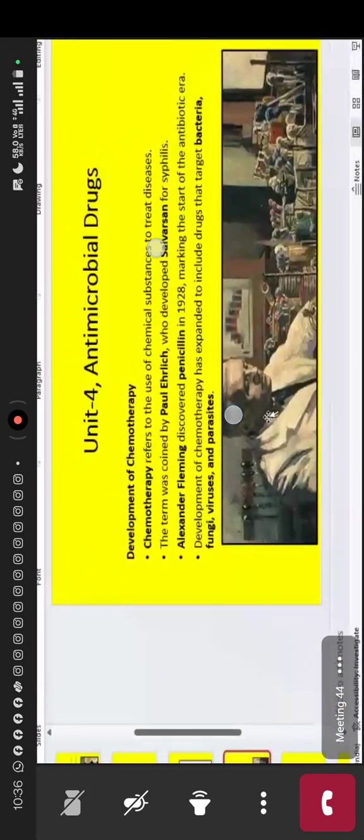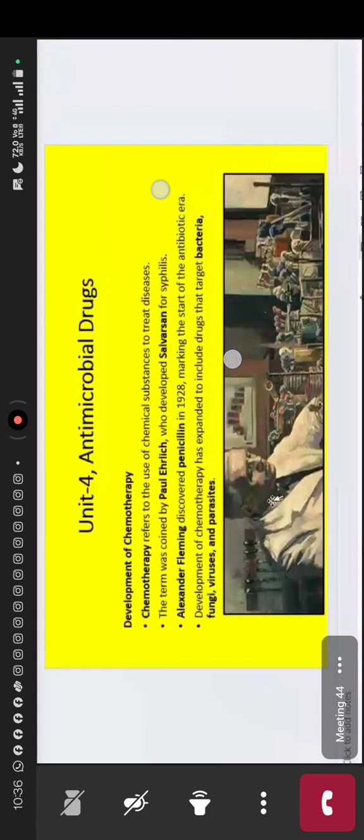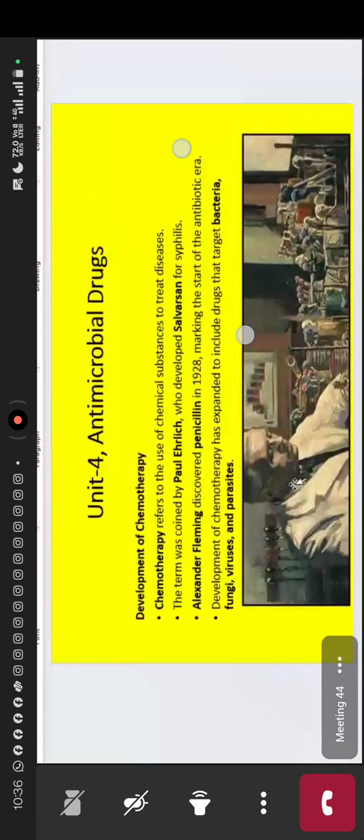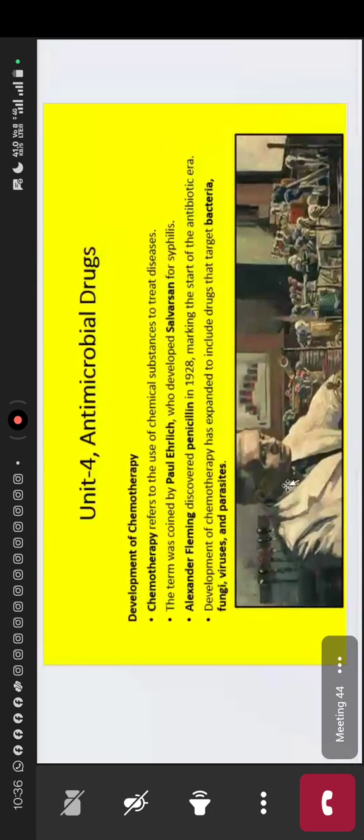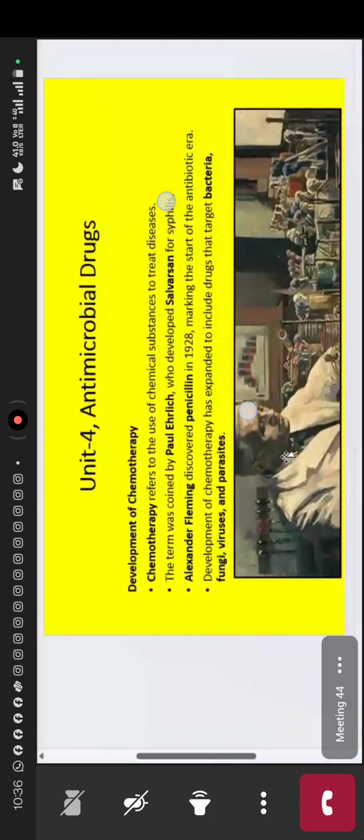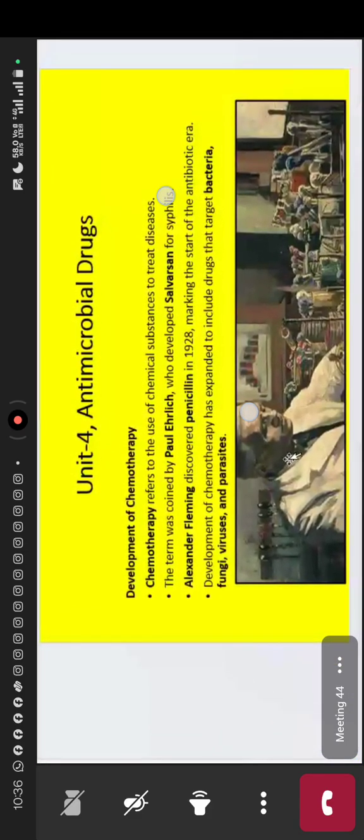Like if I'm talking about bacteria, against bacteria we have antibiotics. If I'm talking about viruses, against viruses we have antivirals. If I'm talking about fungus, against fungus we have antifungals. And if I'm talking about parasites, we have anti-parasitic drugs. So collectively, we call them antimicrobials.